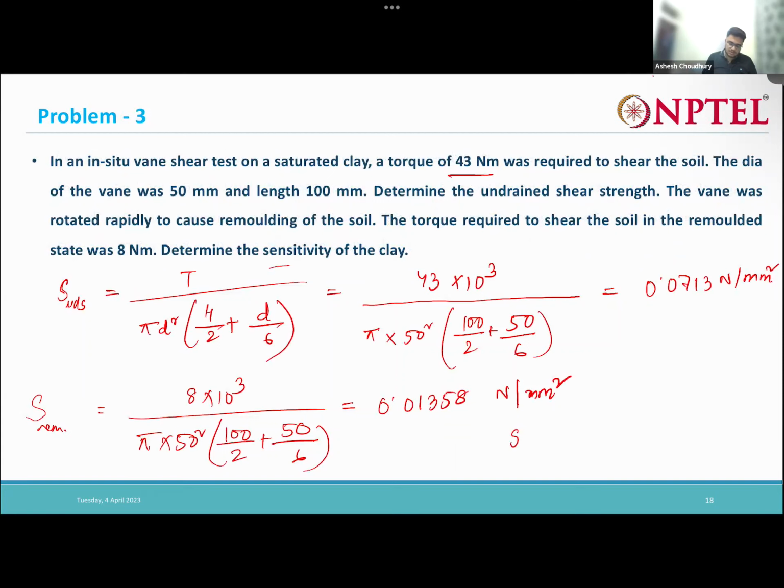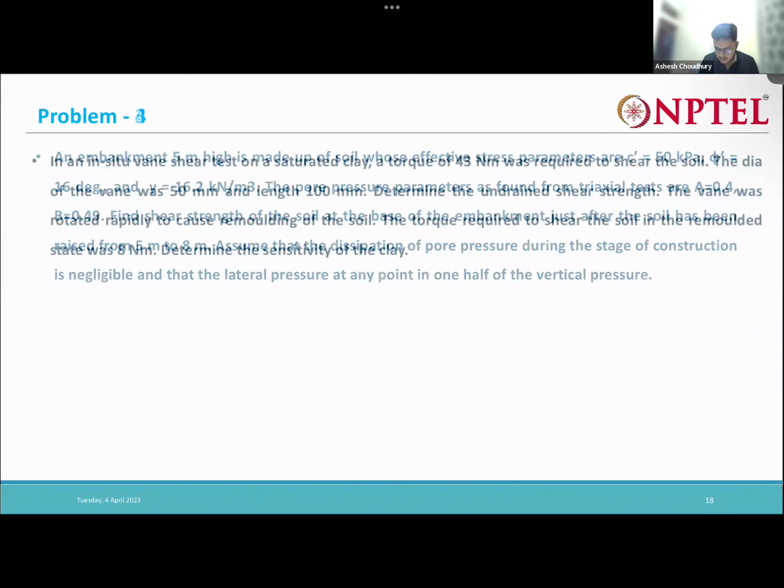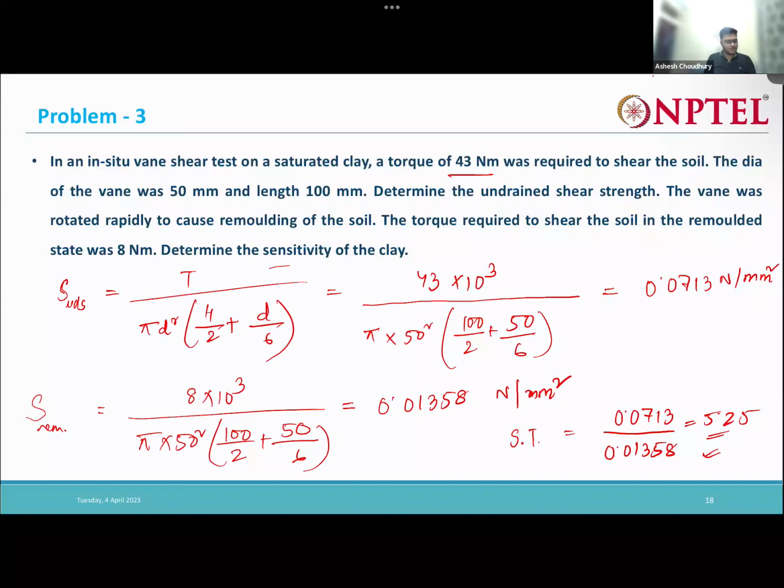The sensitivity is nothing but 0.0793 delta 5. Okay, so it is the sensitive side. Okay, hope this was clear. So very straightforward, direct. You need to use the expression relating our shear strength to the torque, and directly you can find this out. Okay.